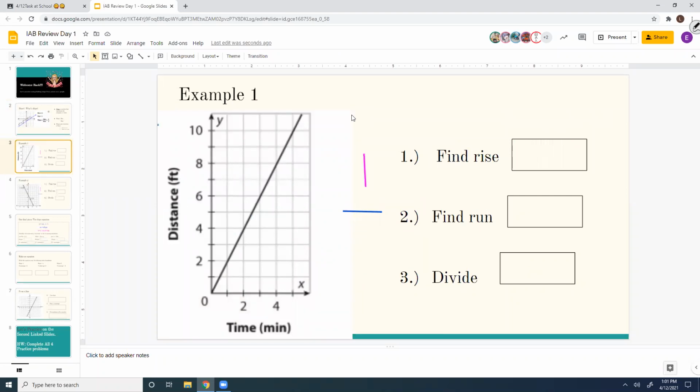So we have example 1 here. We are calculating the slope of this line. So these pink and blue lines on here, we were going to originally do it digitally, but you guys don't have access to the copy of it, so you're going to draw them on with your pencils. So as I'm looking at this and I want to calculate the slope of this line, I need to find what?